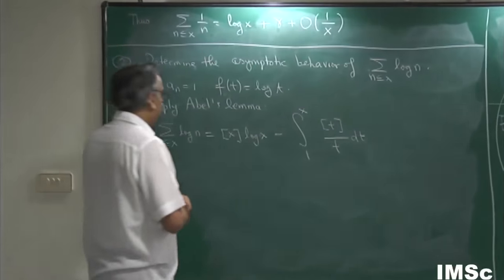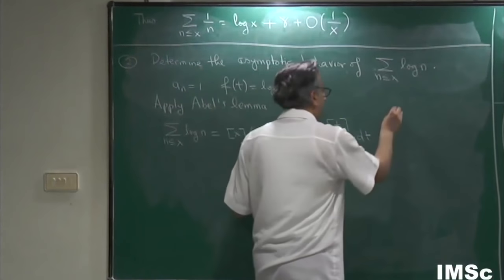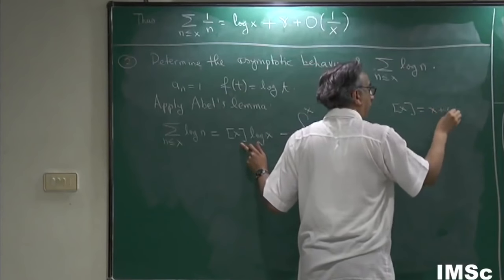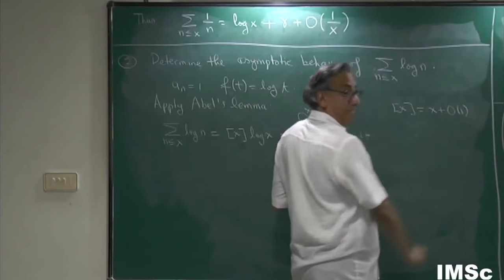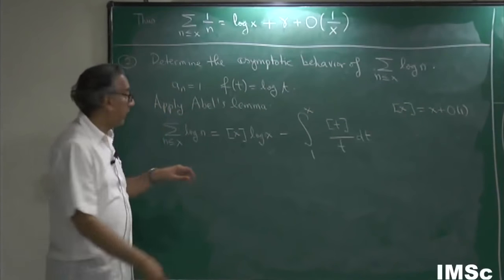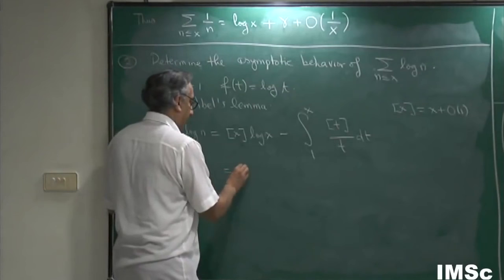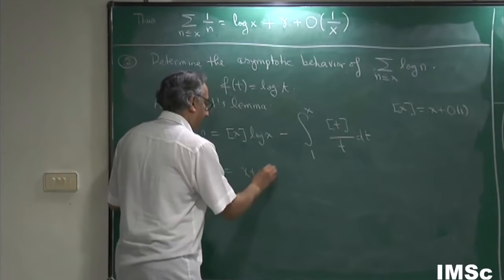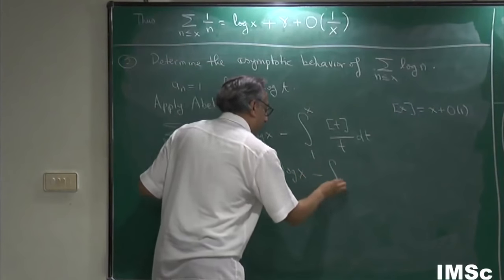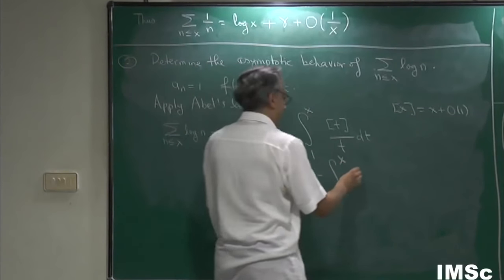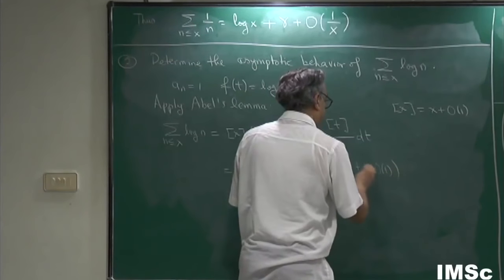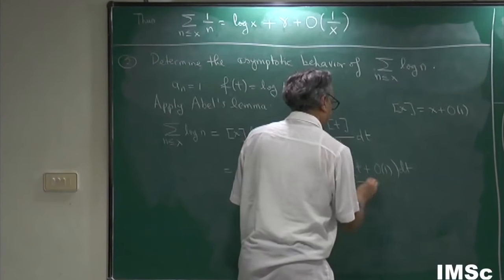So this time we're going to do the same trick as we did before. The greatest integer of x is equal to x plus O of 1, something bounded. So if I do that, what do I get? I get x plus O of 1 times log x, minus the integral from 1 to x of t plus O of 1, dt over t.